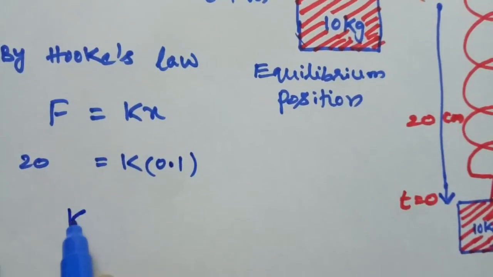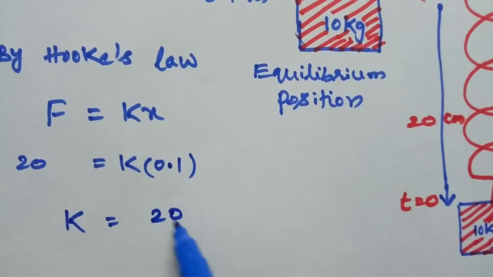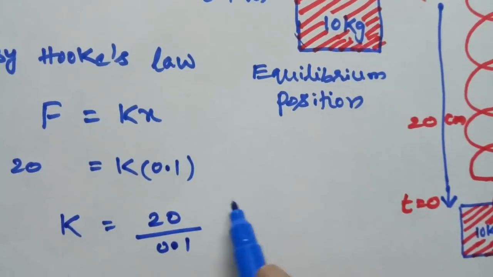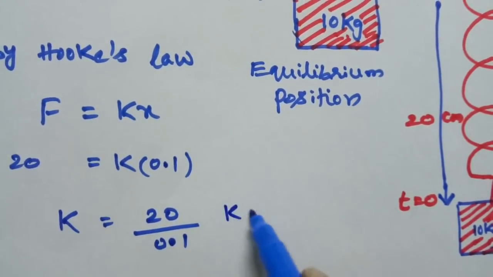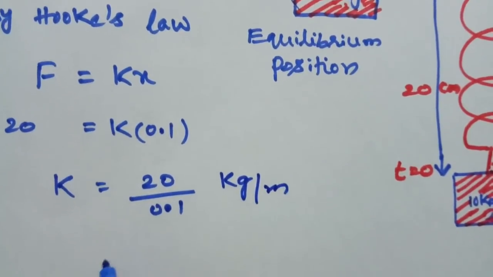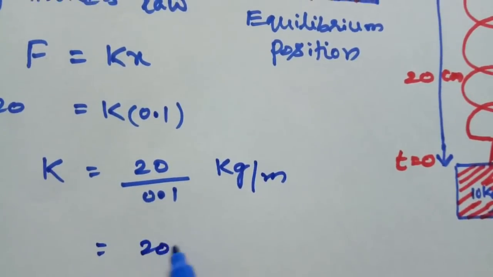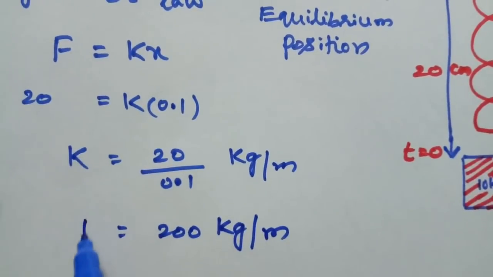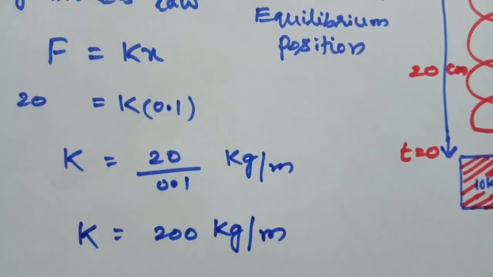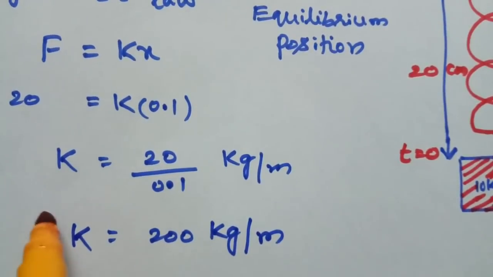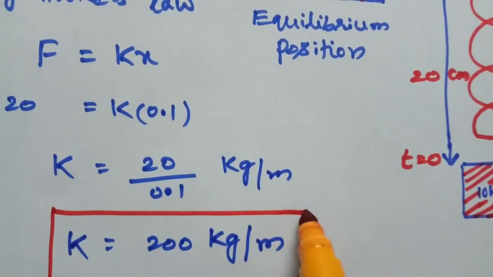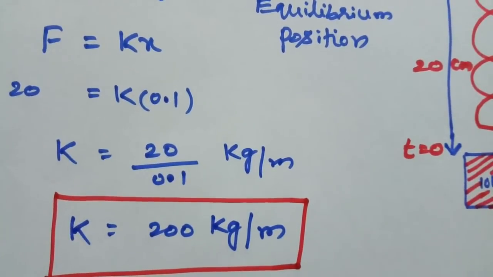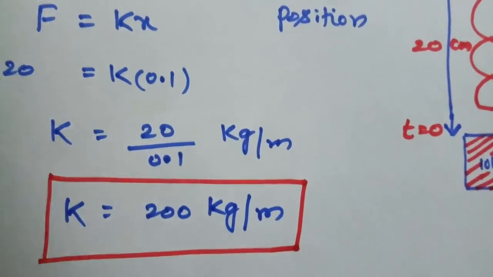Therefore K is equal to 20 by 0.1 kg per meter. Therefore this is equal to 200 kg per meter. This is the value of the spring constant K.